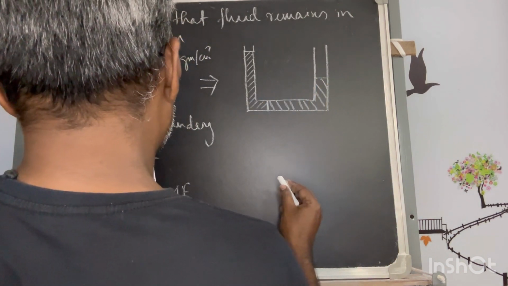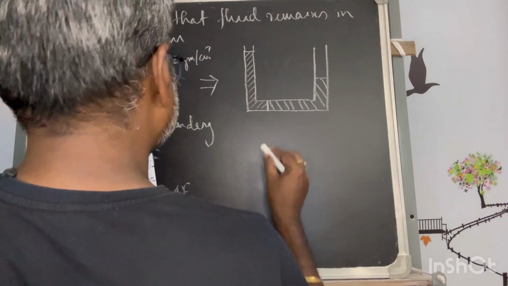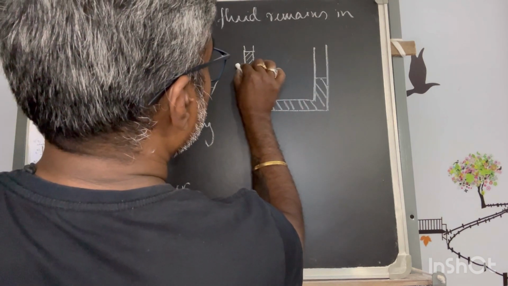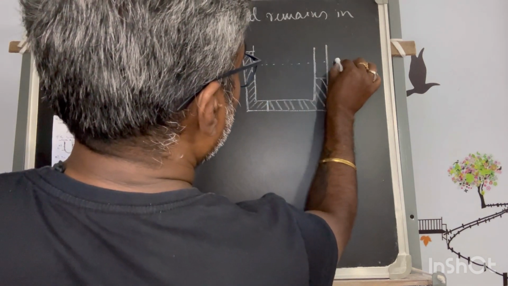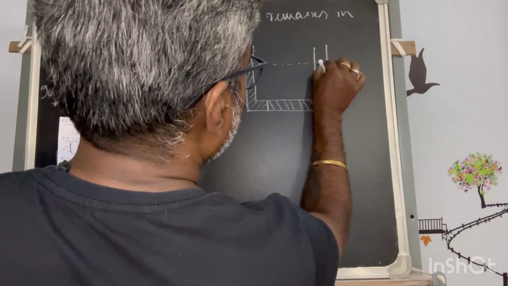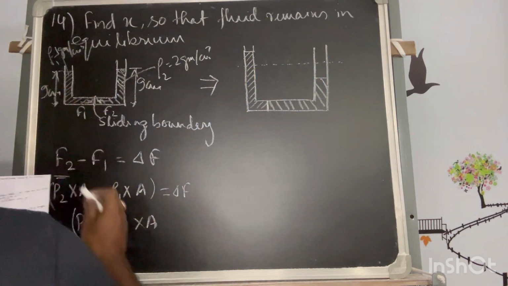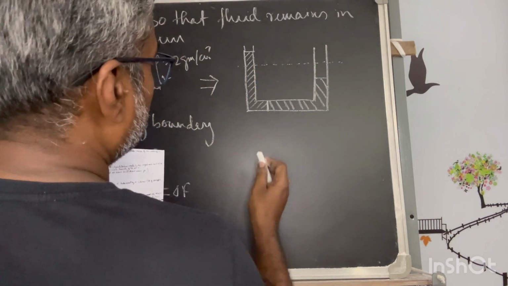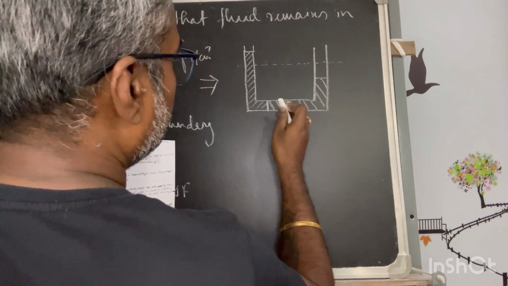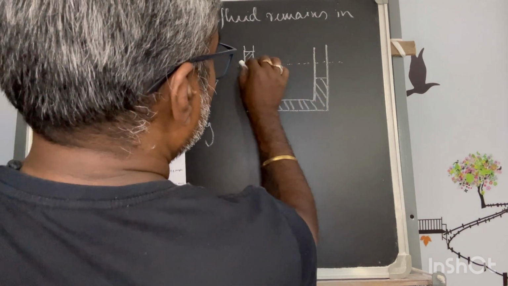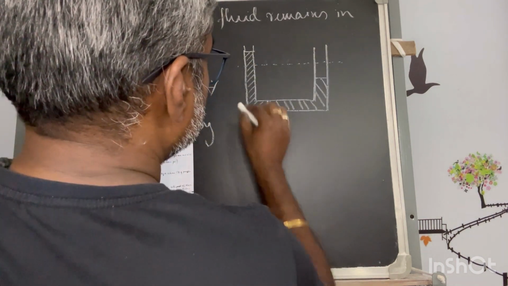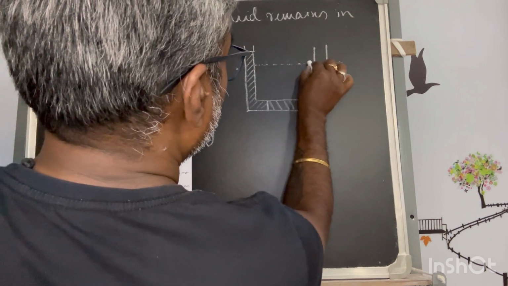Okay. So now, this was the earlier stable condition, where some mechanism stopped the sliding boundary from moving; in that condition it was stable under the external force.